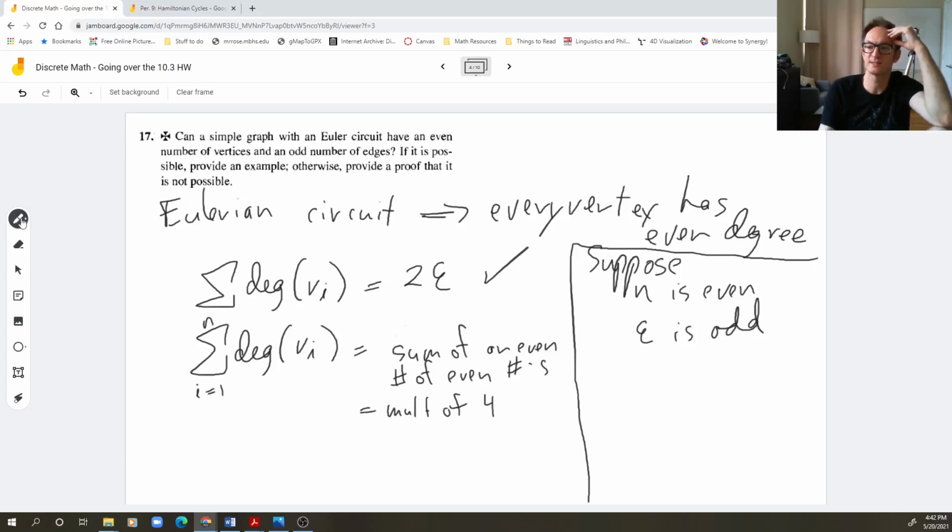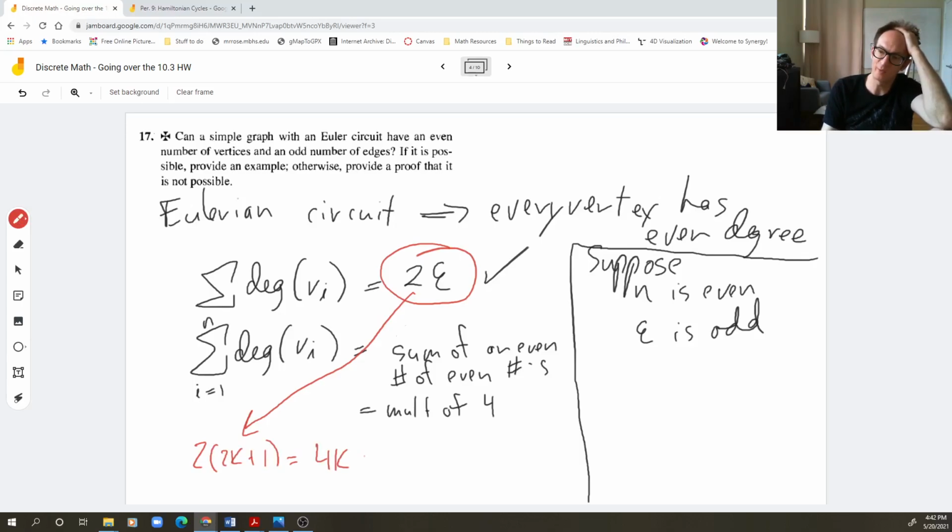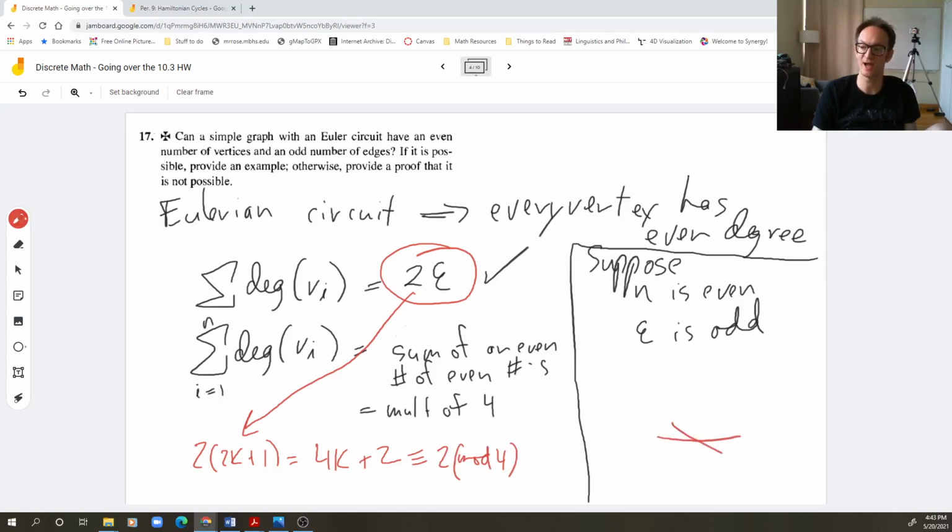On the other hand, if epsilon is odd, then 2 epsilon is 2 times an odd number, and so that's going to be 4k plus 2. So this is congruent to 2 mod 4, but this is a multiple of 4, and so in fact we get a contradiction.